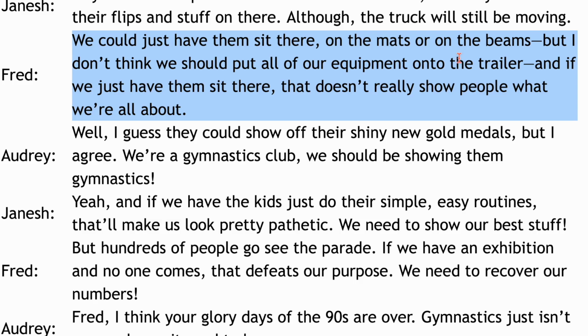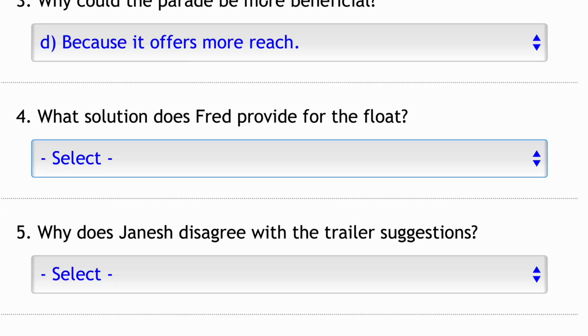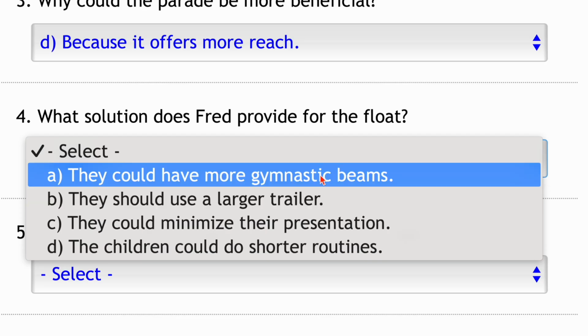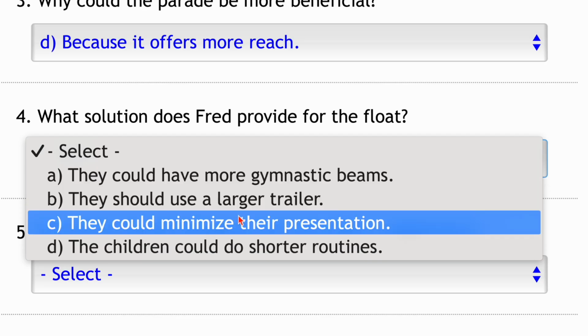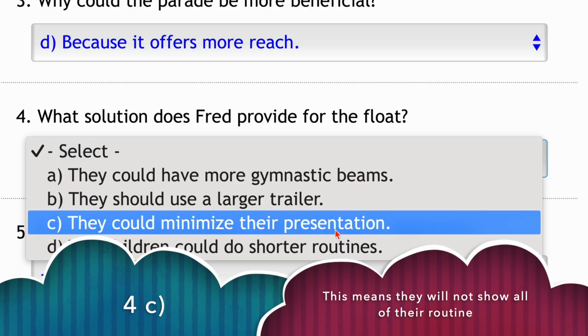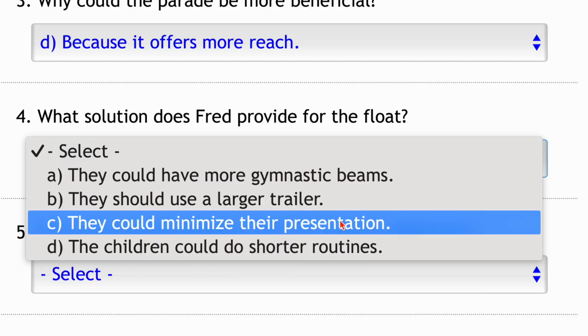Sit there on the mats or on the beams. Okay. Not more gymnastics. Not use a larger. So minimize the presentation, shorter presentation, shorter routine. So he talks about have them sit there somewhere. So it looks like it's minimize their presentation. So just not show so much.